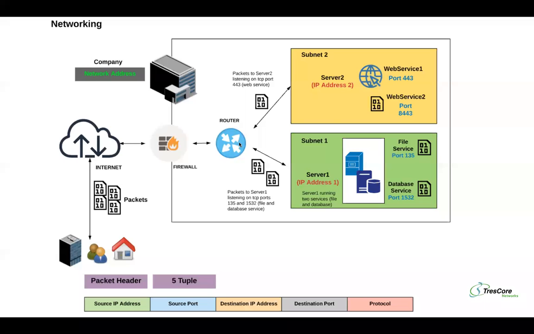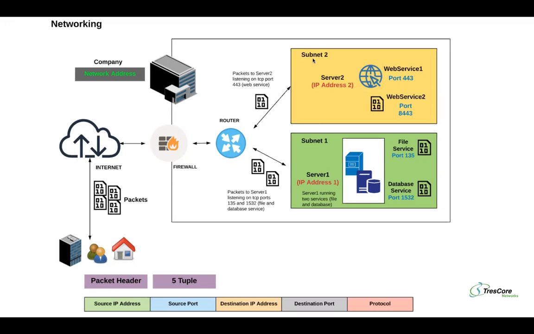And the packet reaches a router, and the router is the one that decides where it needs to send that data or packets. So it'll have a table that has information about how many networks it has, how many subnets it covers.